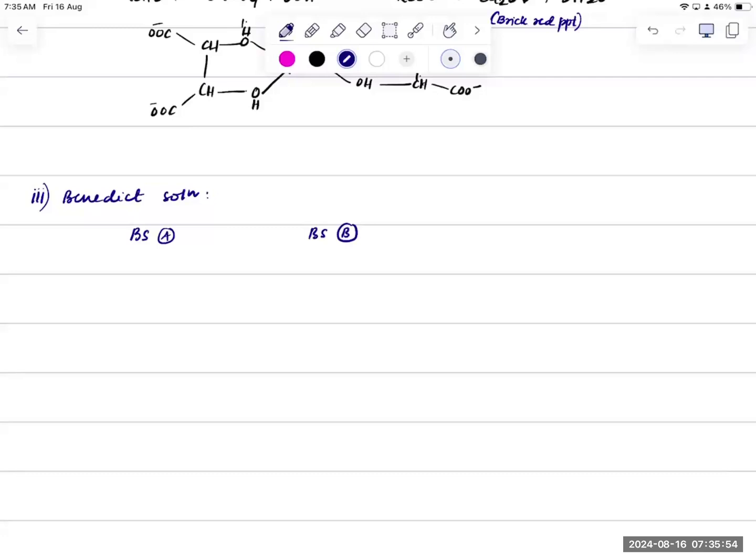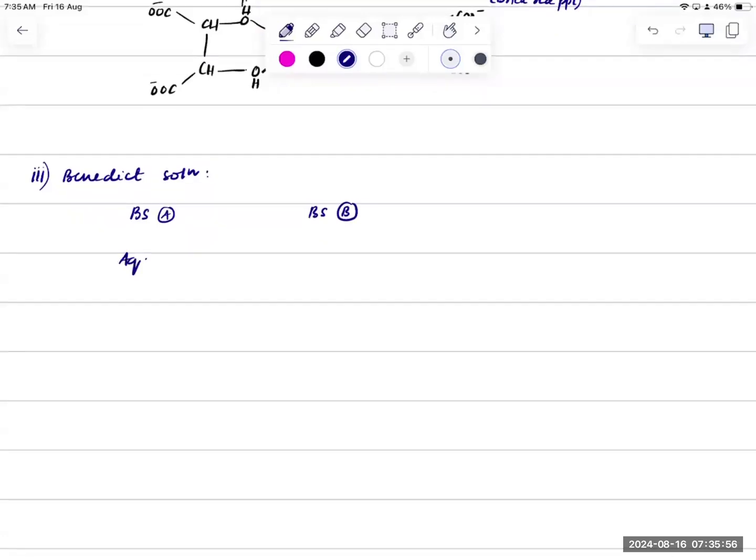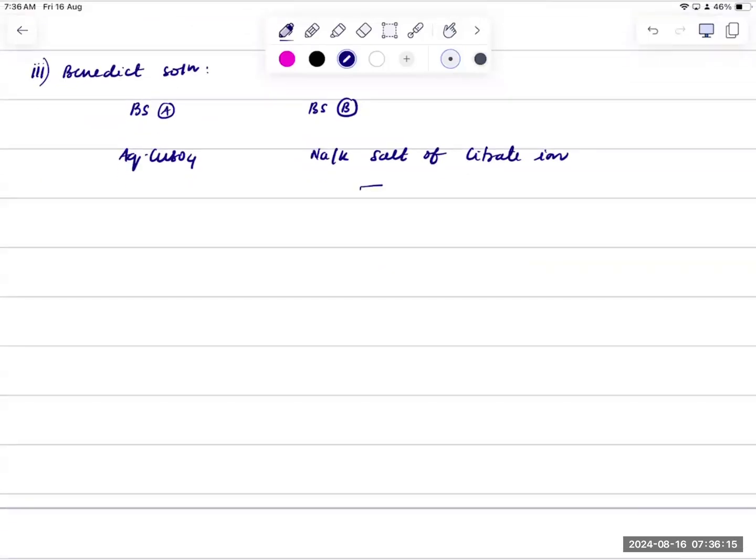Now, when it comes to Benedict solution, it is again aqueous copper sulfate, and this one is sodium and potassium salt of citrate ion. Citrate ion, right? Citrate structure would be like this, where we have CO minus, another CO minus, another CO minus, and here we have one OH group with Na plus, Na plus, and Na plus.